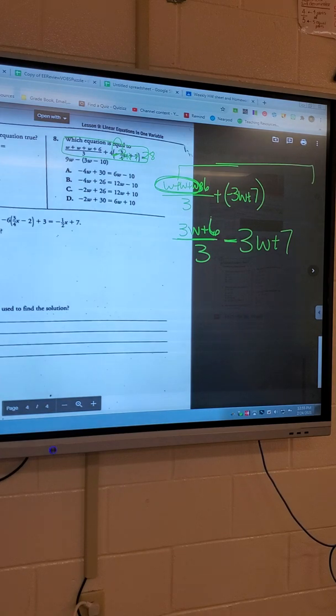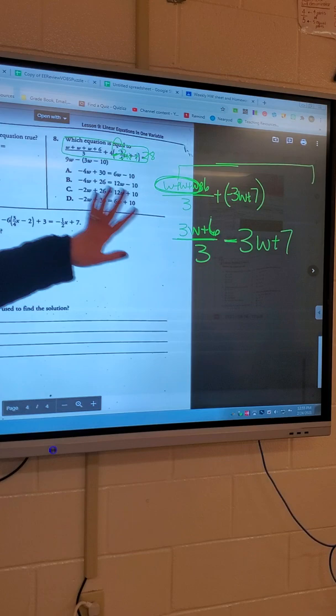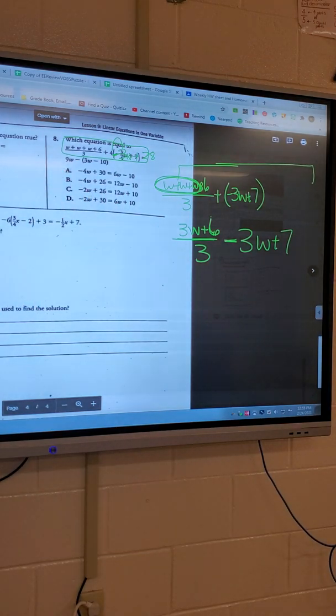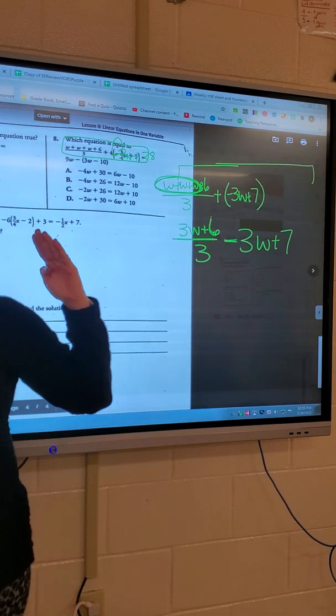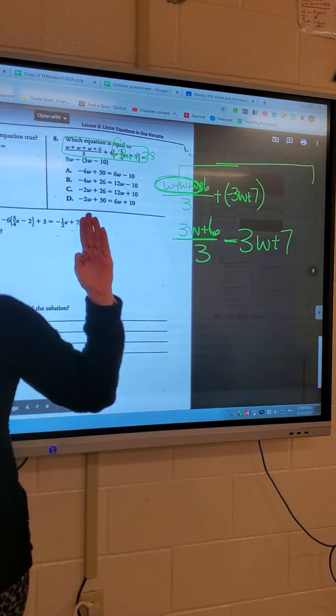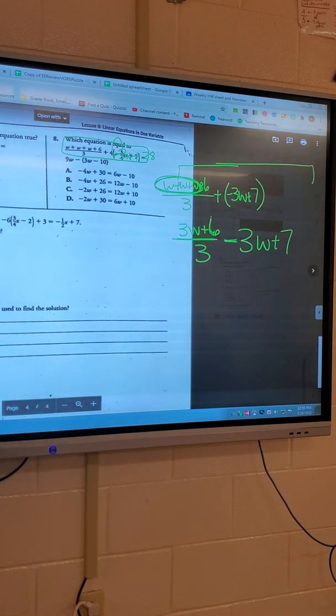That hasn't changed when we get over here. Watch. Do you see that as far as terms go, I have a term plus a term all over a denominator, right? Do I have a term plus a term all over the denominator over here? Do you see the parallel a little bit? You see the comparison? All right, now watch. The reason I'm showing you that is because I'm fixing to bust it up.